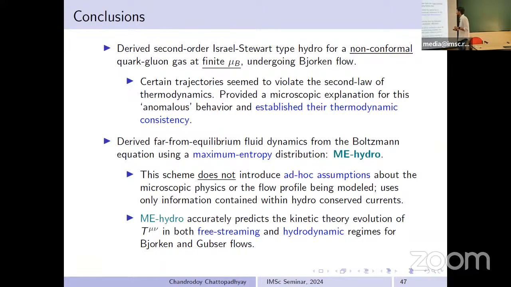And we derived a far from equilibrium fluid dynamics theory based on the Boltzmann equation using this maximum entropy. This scheme has some concrete foundations on which it is based. It can be systematically improved. It obeys the second law of thermodynamics throughout. It does not assume that the medium is close to local equilibrium. And we showed that in certain flow profiles, it accurately predicts the kinetic theory evolution of T mu nu.